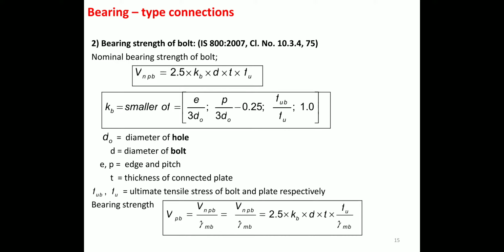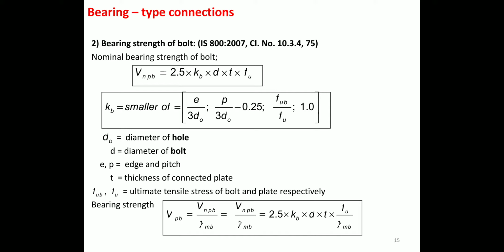Third criteria, FUB divided by FU, that is the ultimate tensile strength of bolt divided by the ultimate tensile strength of plate, means 400 divided by 410 Newton per mm square, as a ratio.